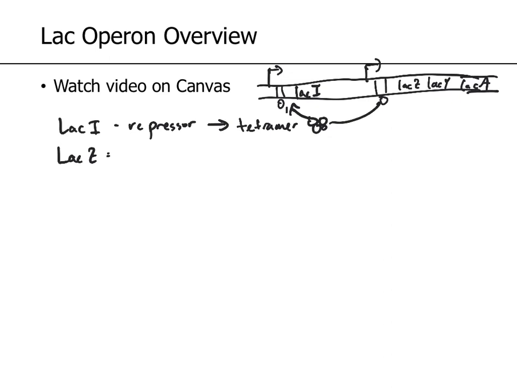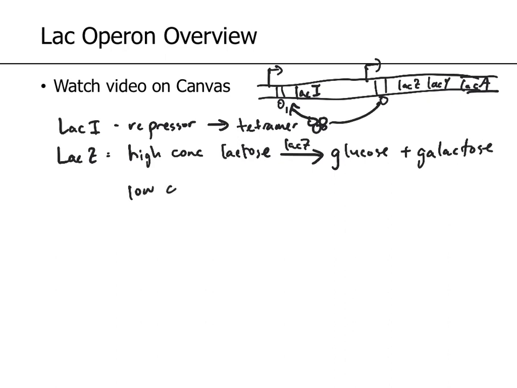LacZ, depending on the concentration of lactose, can have two different functions. In high concentrations of lactose, LacZ turns it into glucose and galactose.